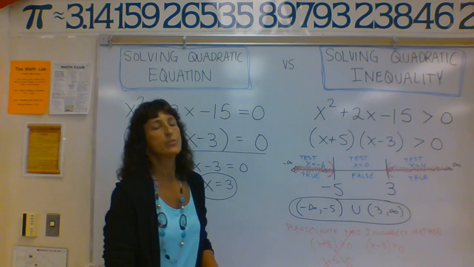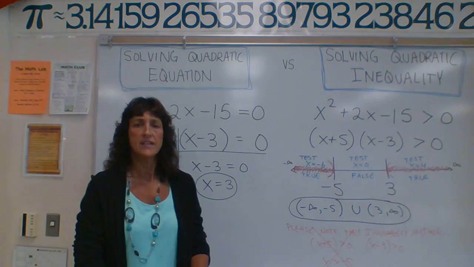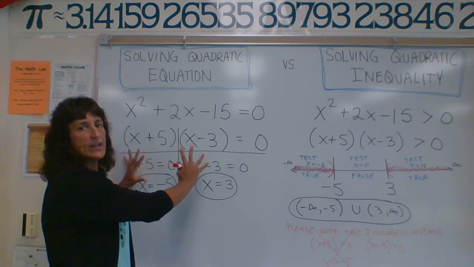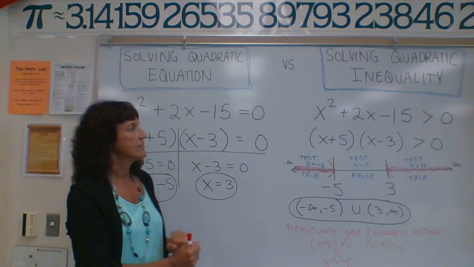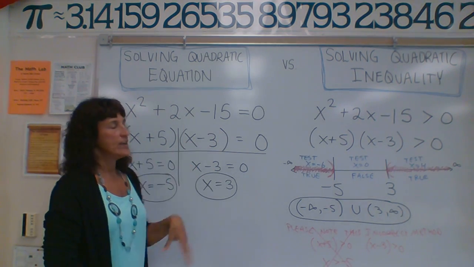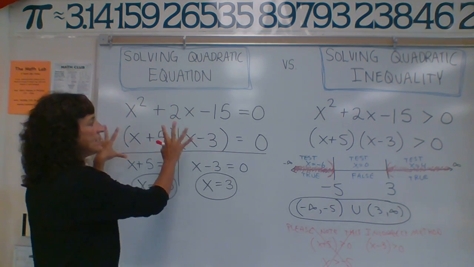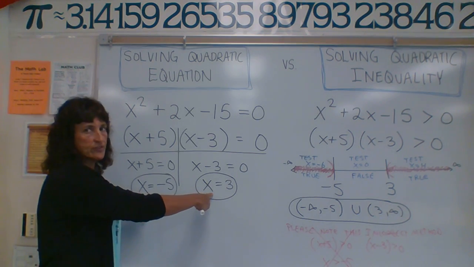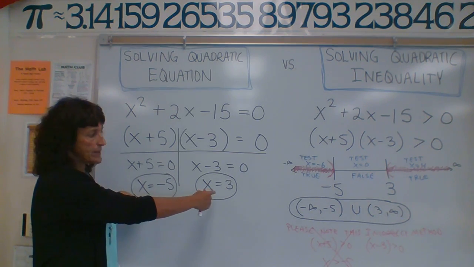You want to be sure when you're solving a quadratic inequality that you're not using the quadratic equation process to solve the inequality. So if you're solving a quadratic equation, we factor, then we set each factor equal to 0, and we get up to 2 real solutions, maybe 1, maybe none.